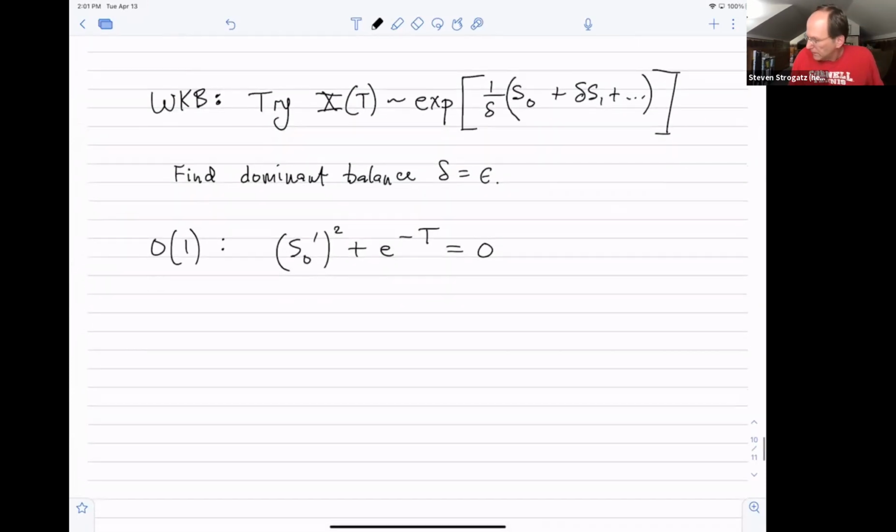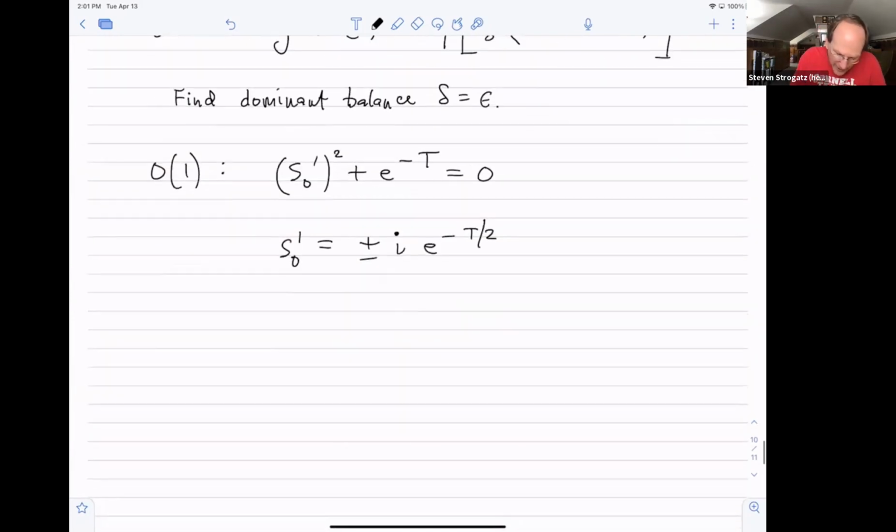And let's just deal with that while we're here. That tells us that S0 prime is what? I have to take a square root of a negative number. That's interesting. So I'm going to get plus or minus i, and then the square root of e to the minus t gives me e to the minus t over 2 for my two roots.